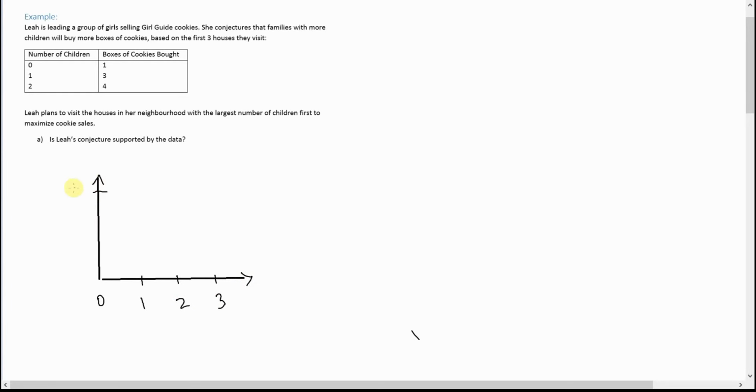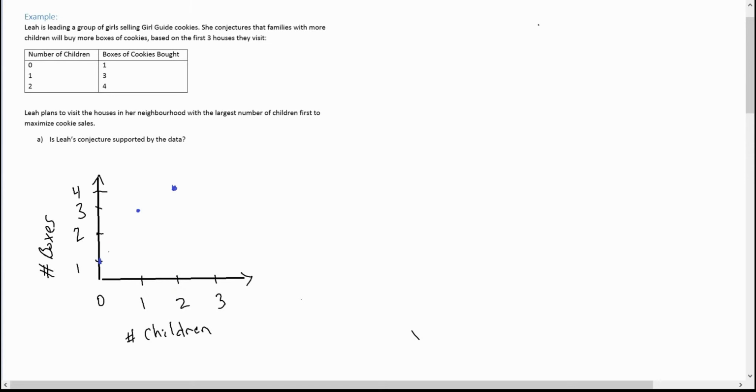And the boxes of cookies is the dependent variable. So let's plot the points. 0 children, 1 box of cookies. 1 child, 3 boxes of cookies. 2 children, 4 boxes of cookies.